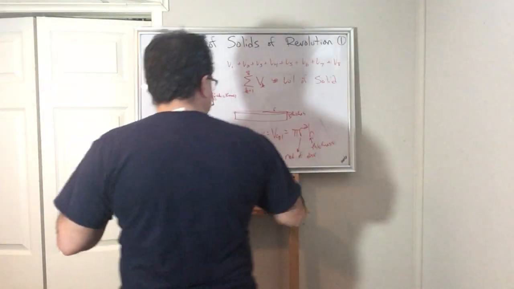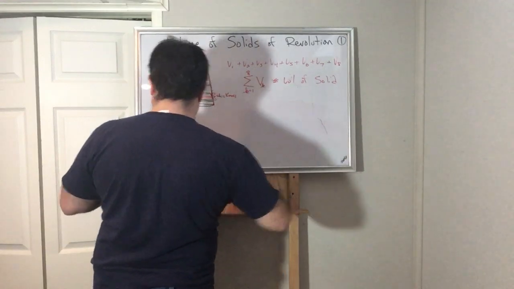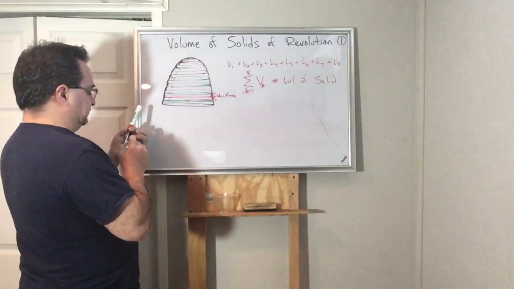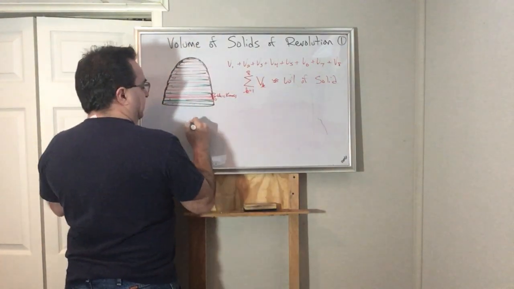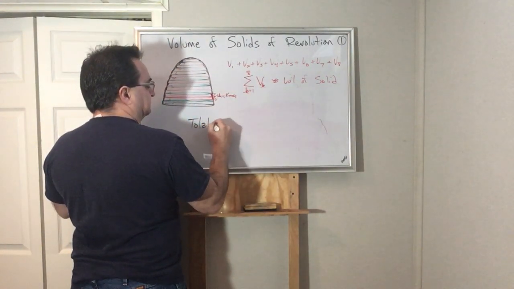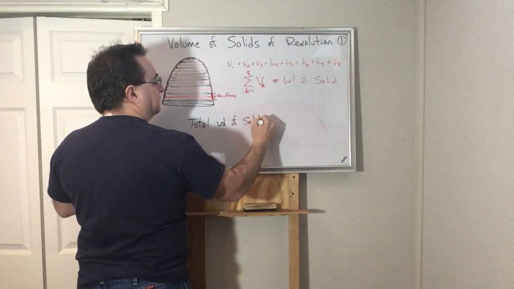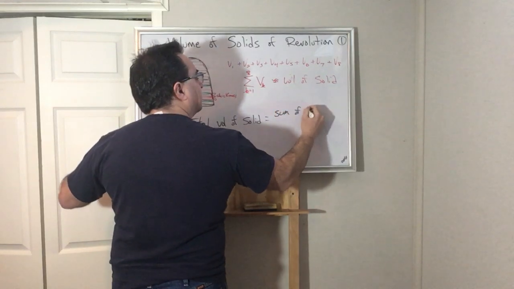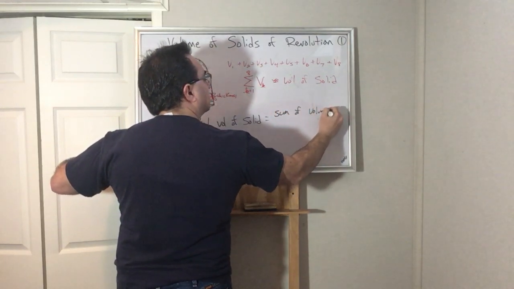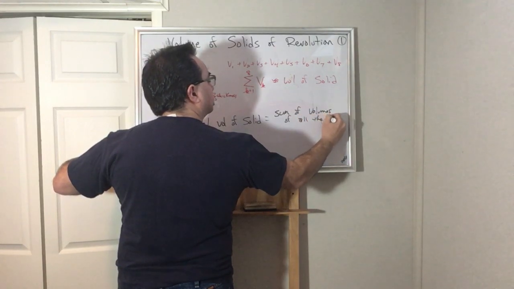So if that's true, I'm going to switch to the black marker here, then the total volume of the solid would be equal to the sum of the volumes of all the discs.